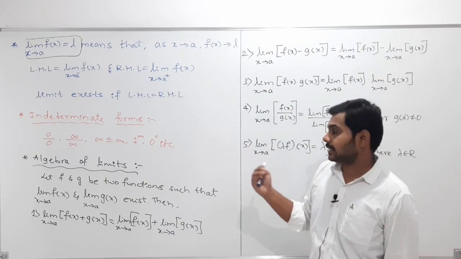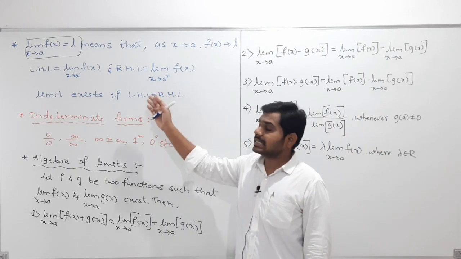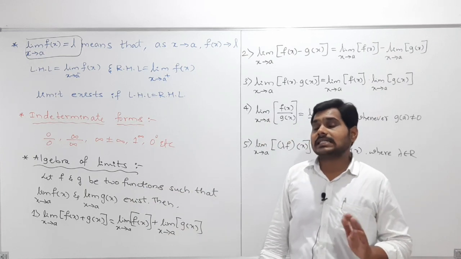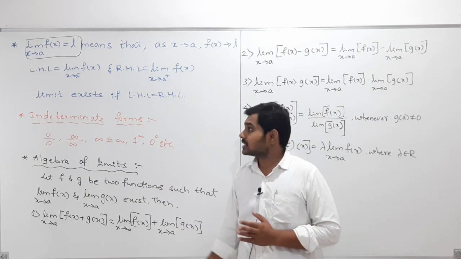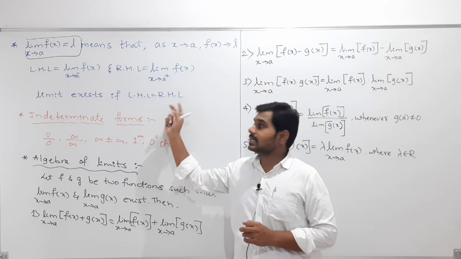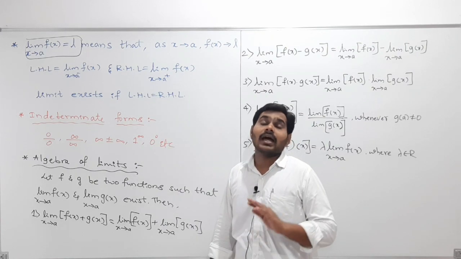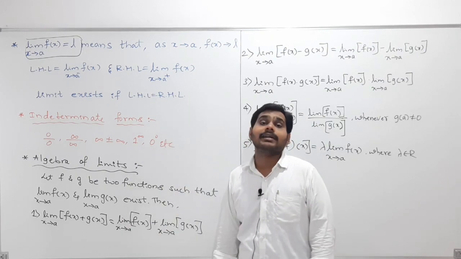Understood? All that we discussed with examples in the previous videos. Here I just wrote the definition. And next, what are indeterminate forms?